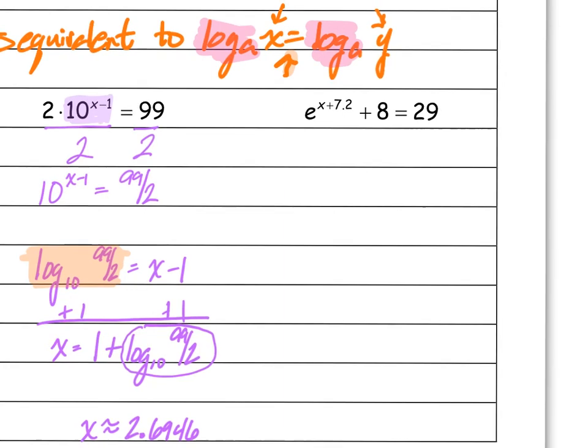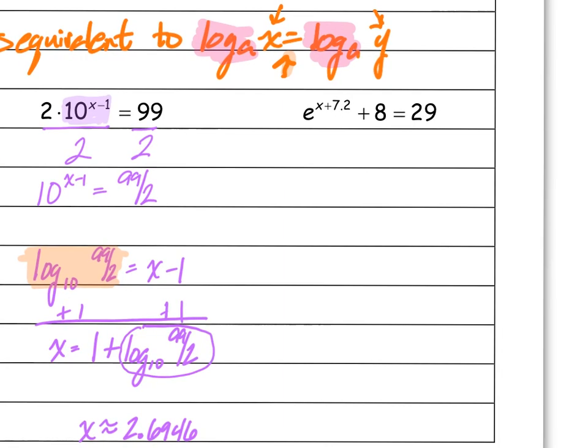We're going to do the same thing. Again, I need to make sure that I get the exponent, or whatever has the exponent, by itself before I switch to a logarithm. So the first thing I want to do is subtract 8.